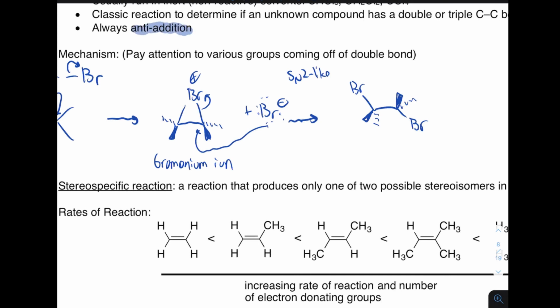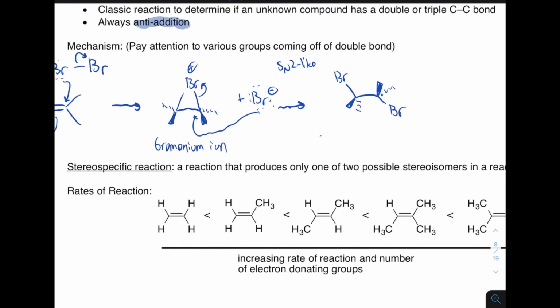Bromine attacks one side, and the bromonium ion opens up in that way. And because bromine can attach itself to the top or bottom of that alkene when we form that bromonium ion, we can end up getting a mixture of enantiomers.